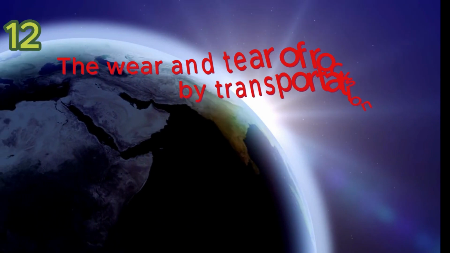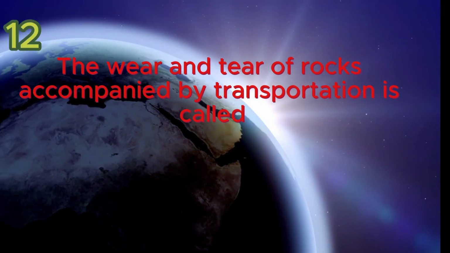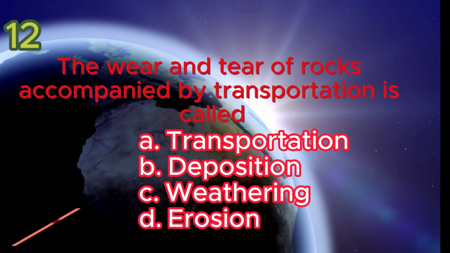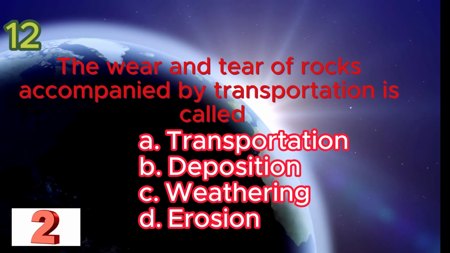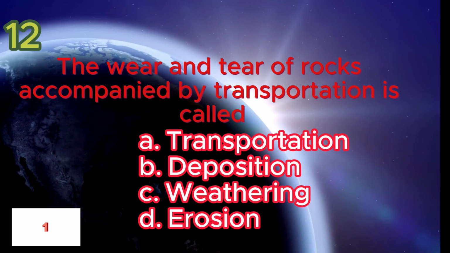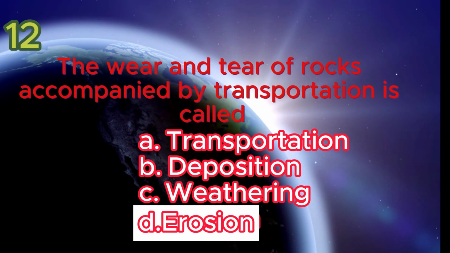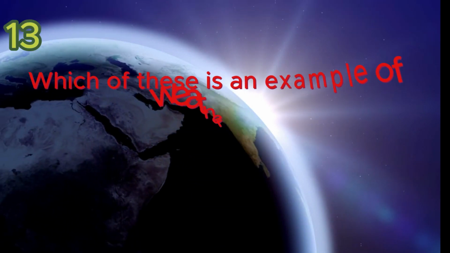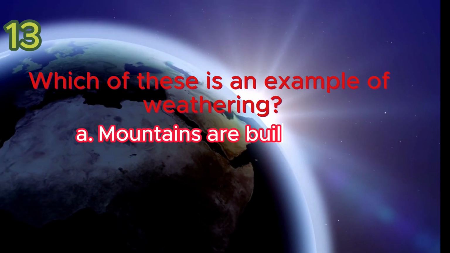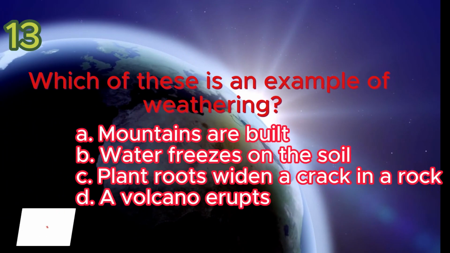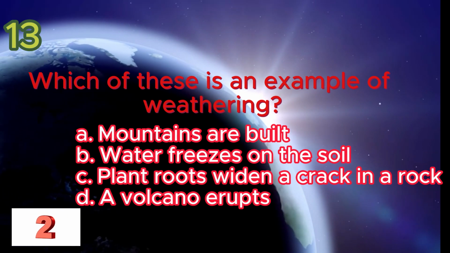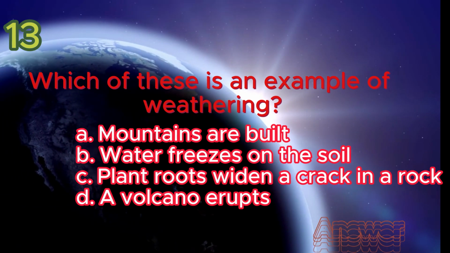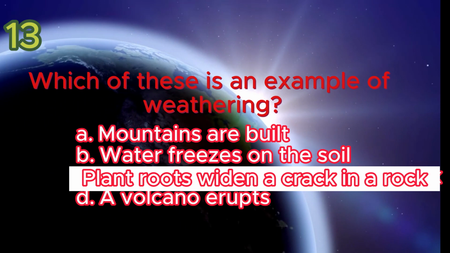The wear and tear of rocks accompanied by transportation is called D. Erosion. Which of these is an example of weathering? Plant roots widen a crack in a rock.